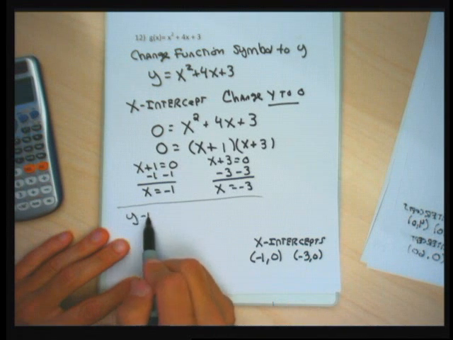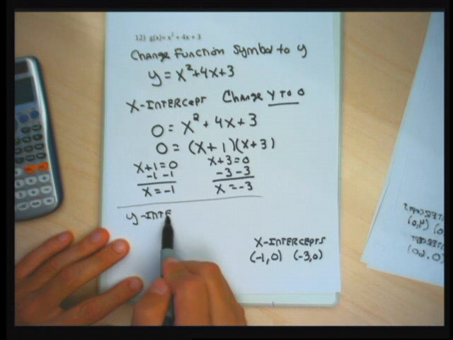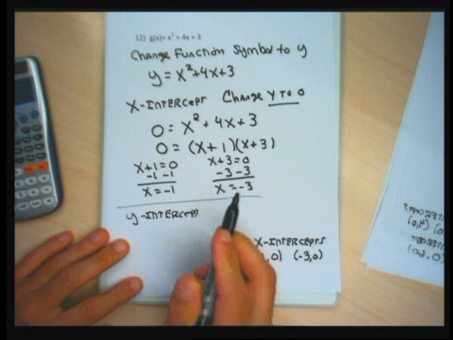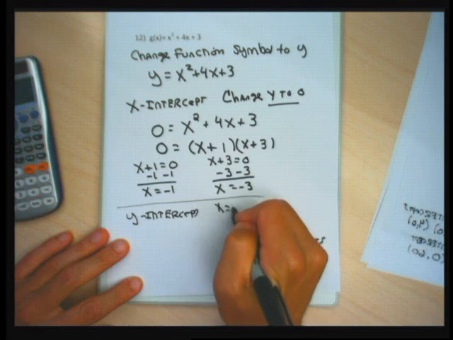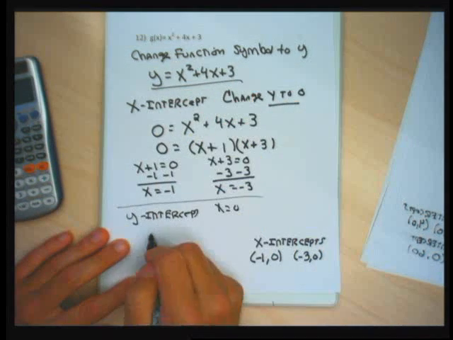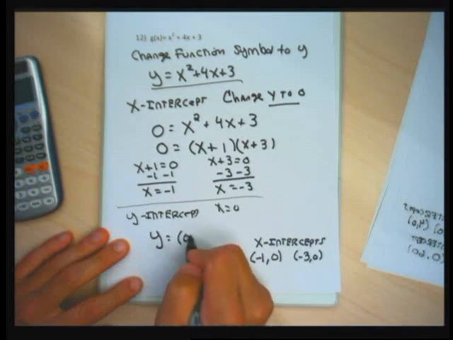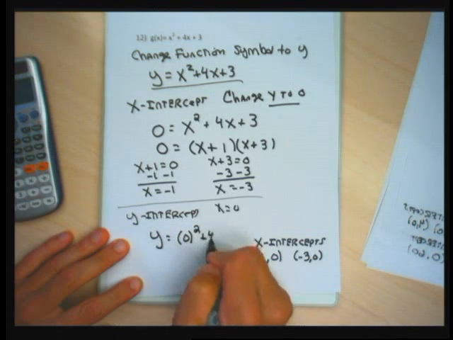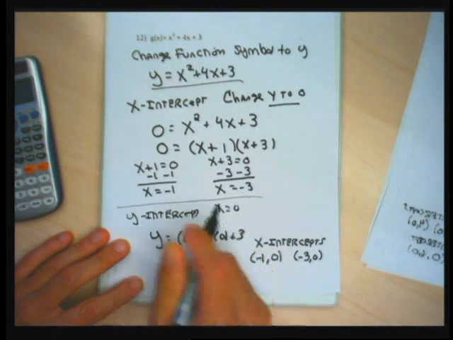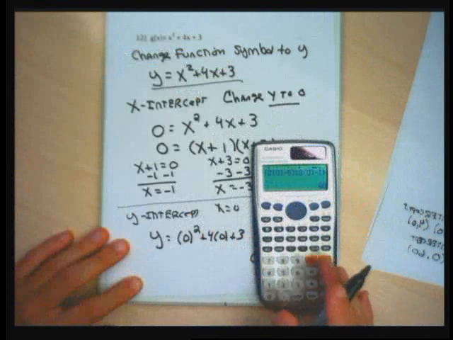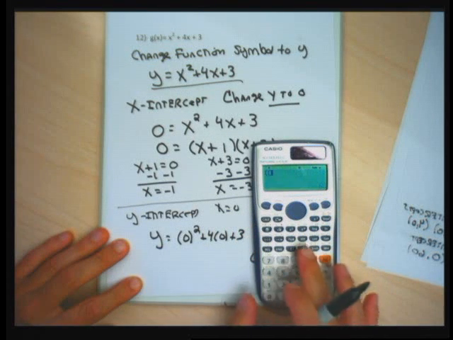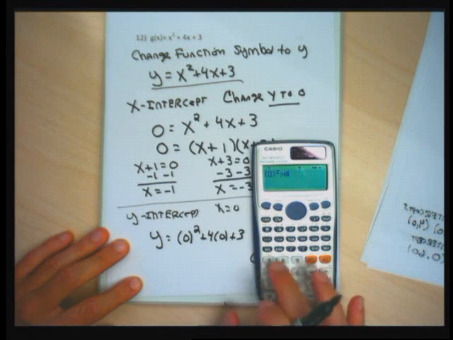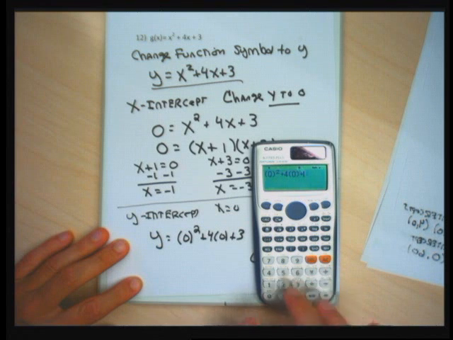Now I'll do the y-intercept by changing x to 0. I'll go right to here, and I'll go y equals 0 squared plus 4 times 0 plus 3. Don't really need my calculator, but I have it, so I'll do it. So 0 squared plus 4 times 0 plus 3.